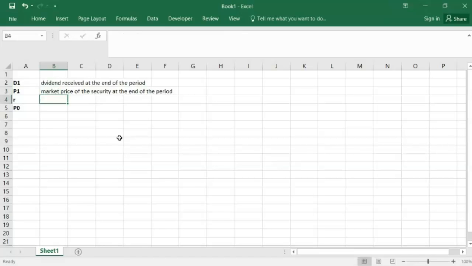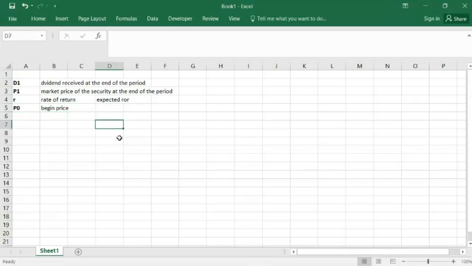And R is the rate of return, what we call the expected rate of return from the market. P0 is the beginning price of such securities which are being traded in the market.